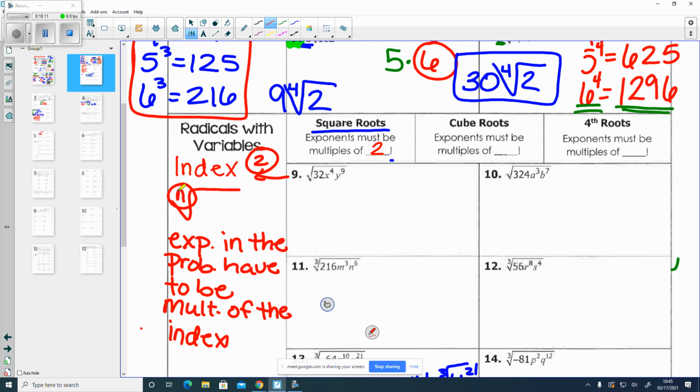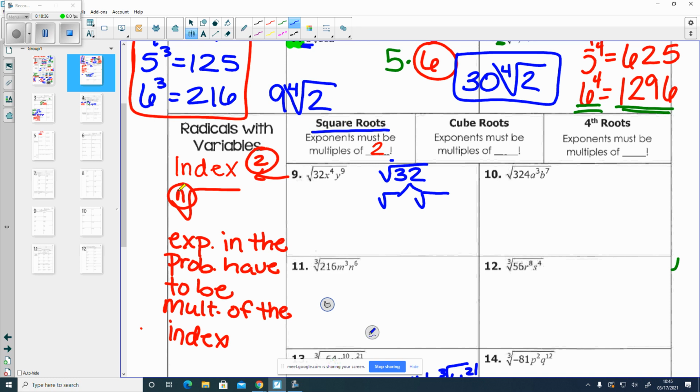The other question is the square root of 32, is that a perfect square root? No. So we also want to make sure we're doing that at the same time. We can do it separately. So the square root of 32, can I have one of those be a perfect square root?